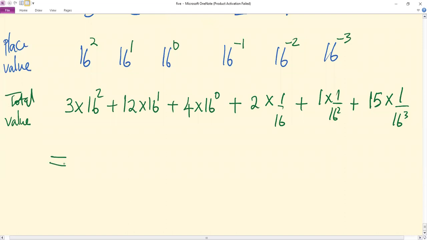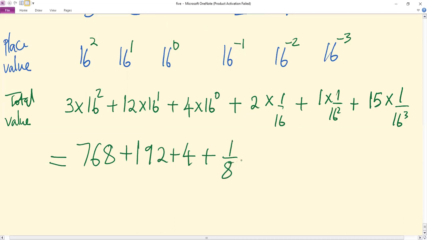This will be 3 times 16 squared is 768, plus 12 times 16 is 192, plus 4, plus 2 over 16 is 1 over 8, plus 1 over 256, plus 15 divided by 16 cubed is 15 over 4096.